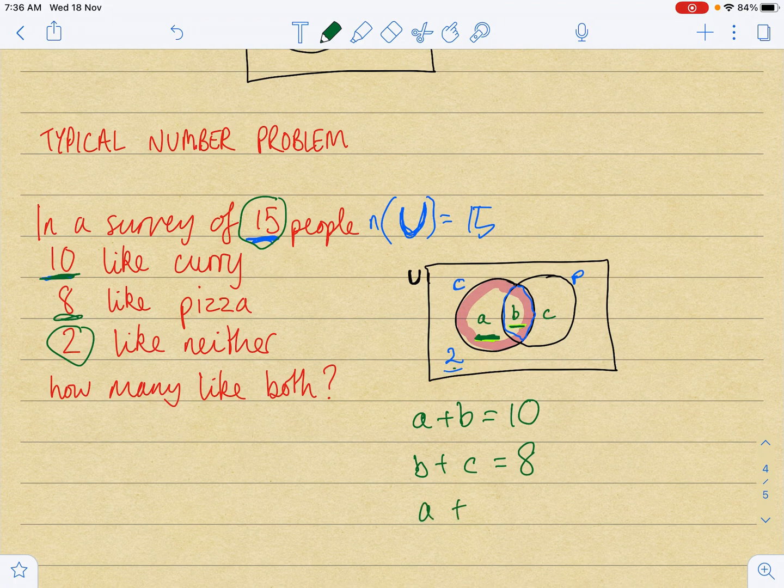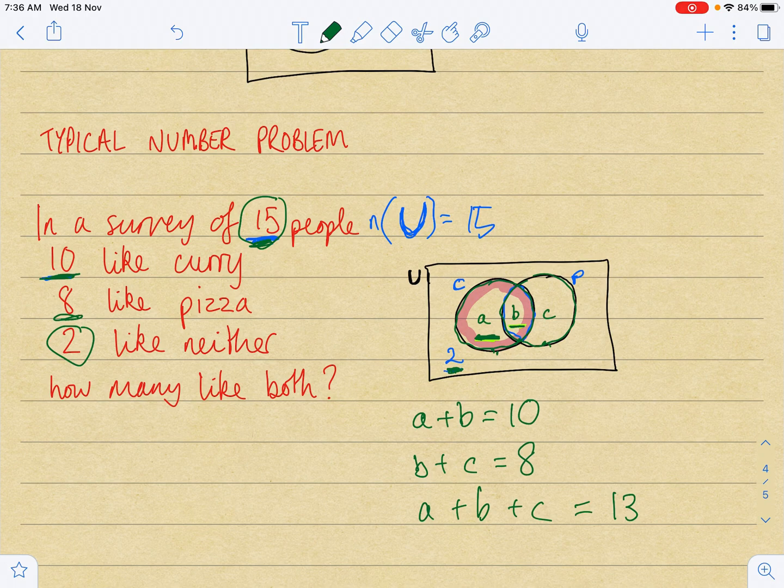So that means that A and B and C, so all of this in the middle of my Venn diagram, all of that has to add up to 13. Because I know there's 15 in total, there's 2 outside, so that means there's 13 left. 15 minus 2 means A plus B plus C is 13.